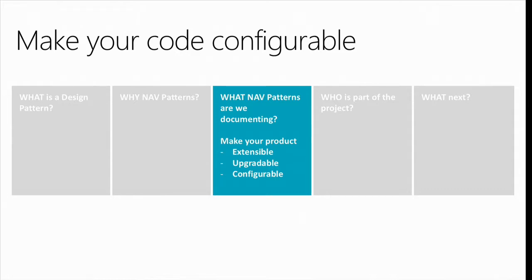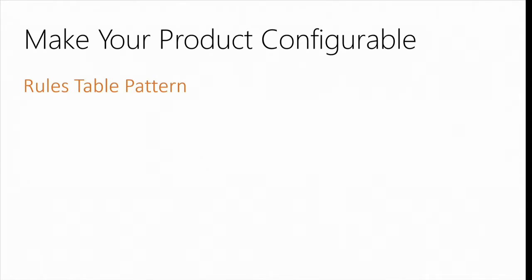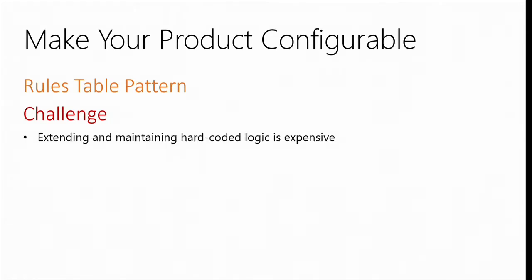Hello, everyone. So with what Bogdana has explained, we have successfully made our product extensible and upgradable, and we want to improve it even more. So now is the chance for us to make it configurable. In many cases, we have a bunch of code that we have to extend or improve the behavior of.